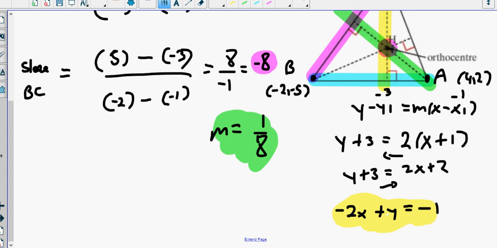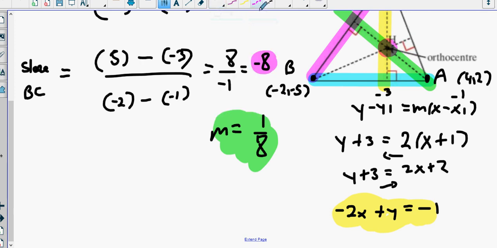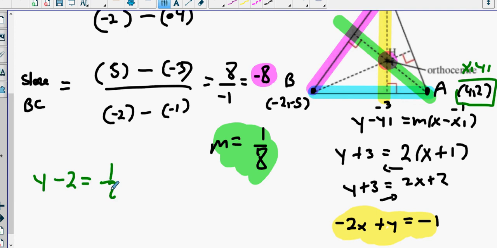Now we're going to get the equation of the green line. The green line goes through 4, 2. So 4, 2 is your x1 and y1, because that's the point it goes through. So it's going to be y minus 2 equals m, which is 1/8 times x minus 4.